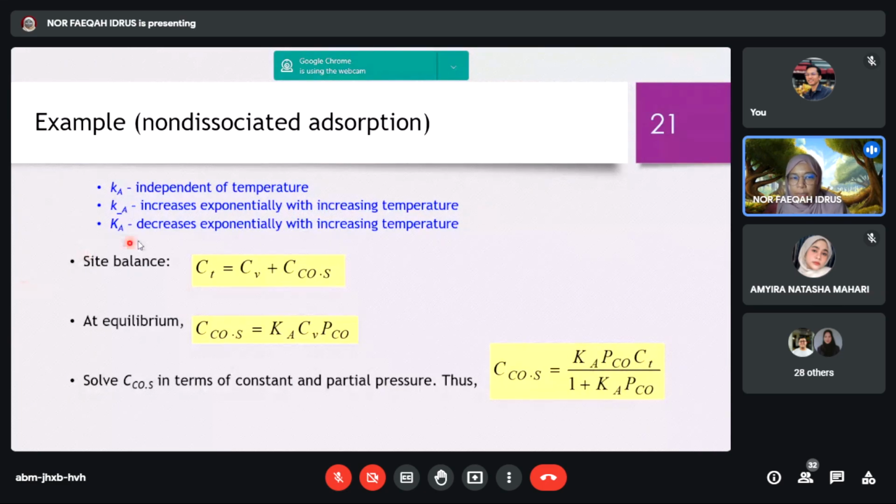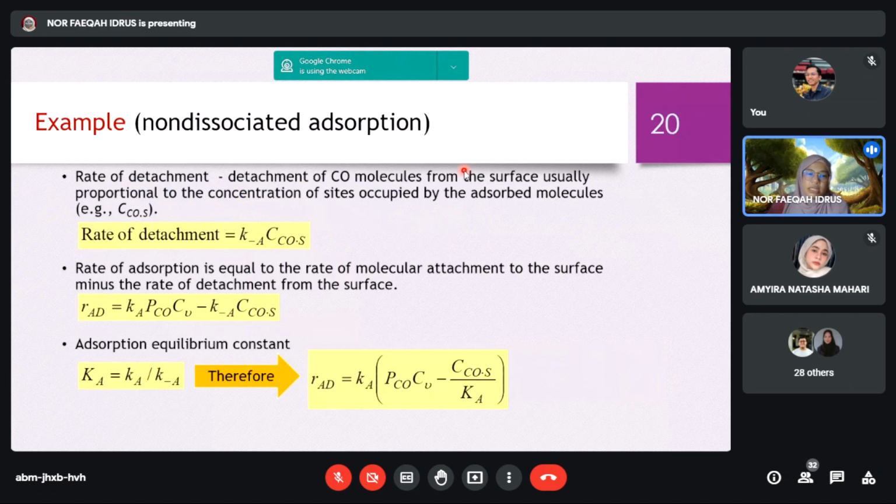But the equilibrium adsorption constant decreases with increasing temperature. Why does it decrease? Because of this relation. This increases with temperature, so automatically the equilibrium constant decreases with temperature. So we need to relate it with the Arrhenius equation.